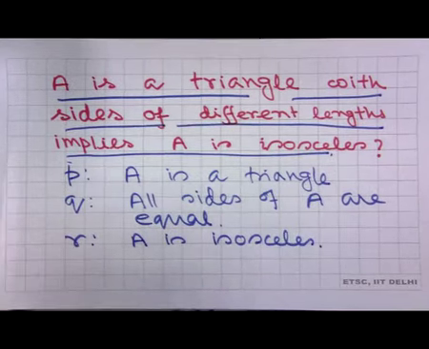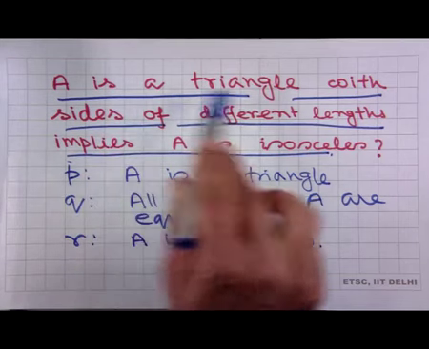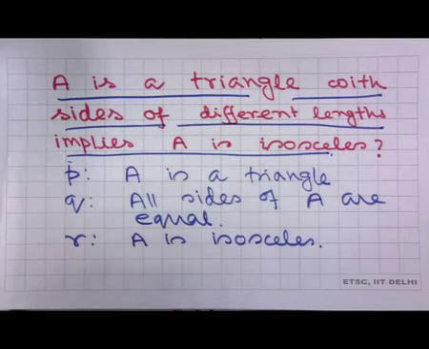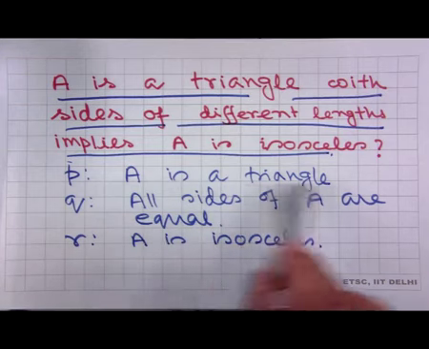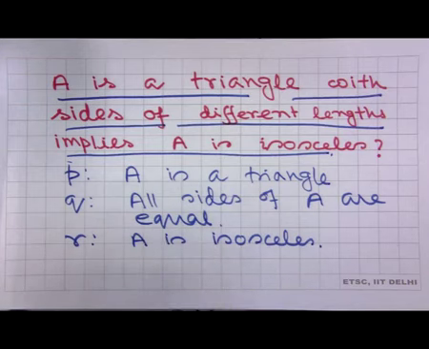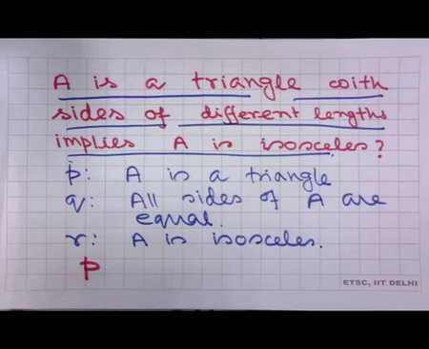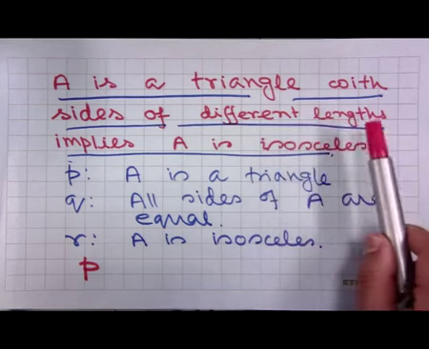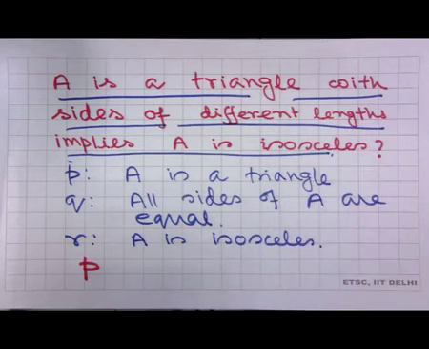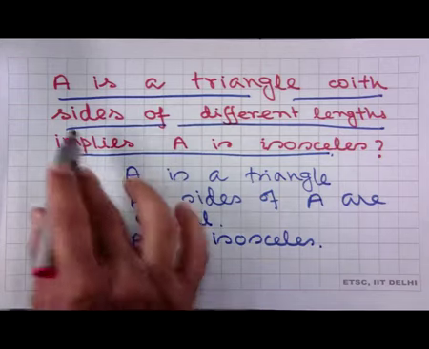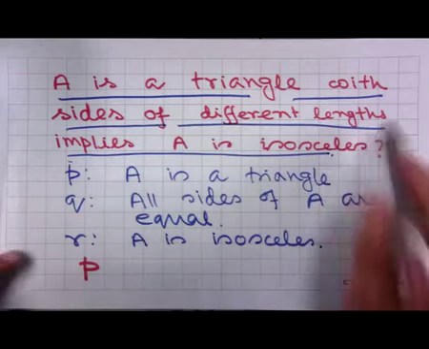As you can see, this is a compound statement, where the components have been given. A is a triangle, therefore P is true. So, we can write P, which is true, with sides of different lengths. Q says all sides of A are equal, but we want the sides to be of different lengths.